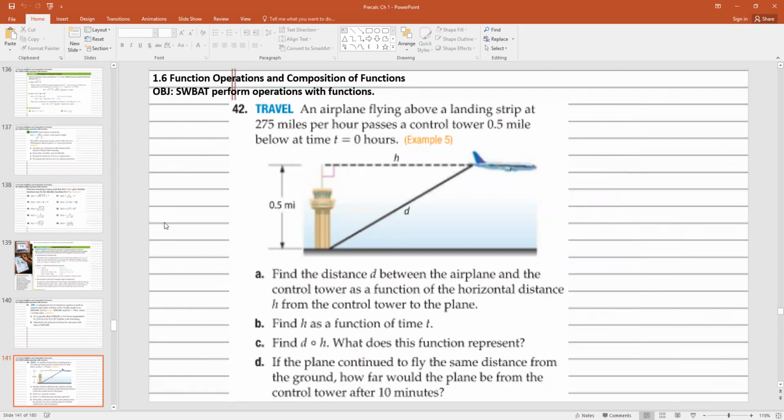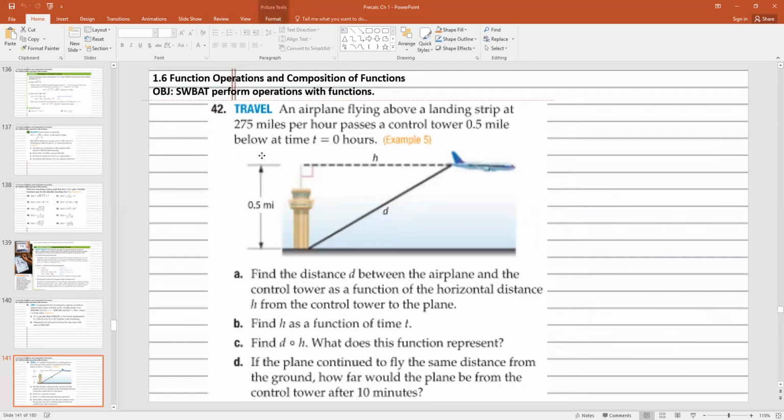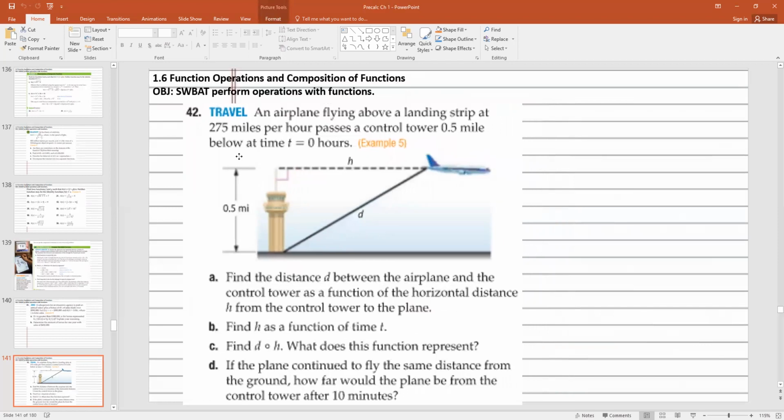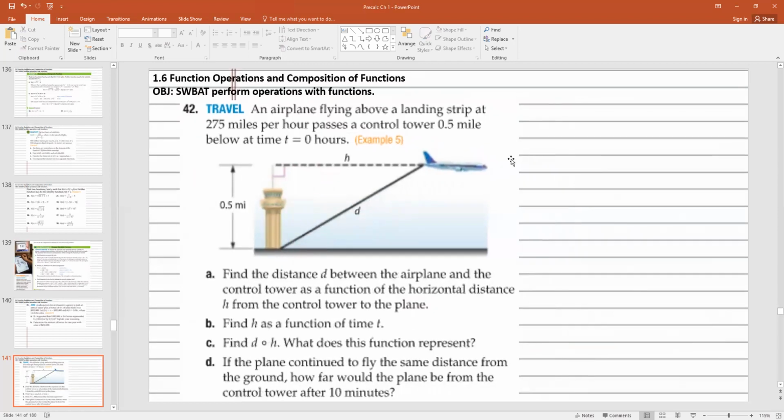Do I want to show this one? I guess we can. All right. So remember, there are two different types of word problems that you can have.